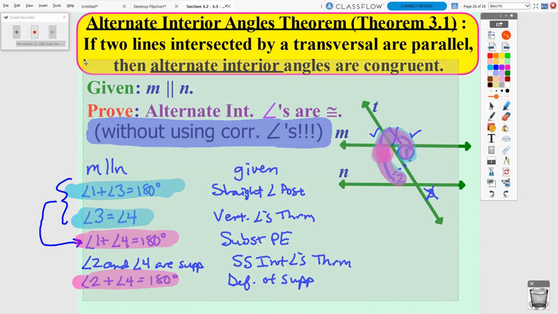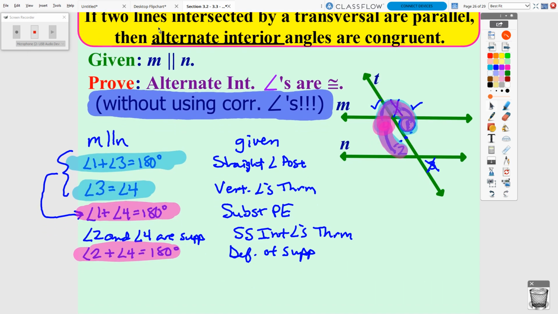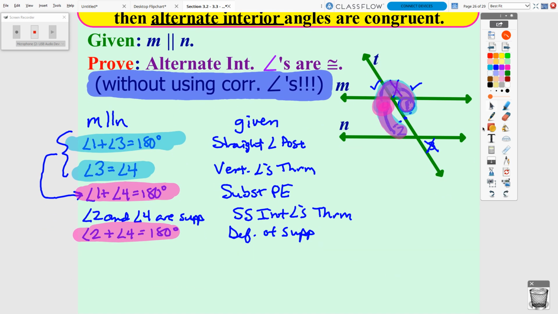Now, we're not going to be able to get rid of angle 4 right now, but we're going to get really close. Out of these two equations that I highlighted in pink, both equal 180. So we can say angle 1 plus angle 4 equals, but we're not going to write 180. What else is 180 equivalent to? 180 is equivalent to angle 2 plus angle 4.